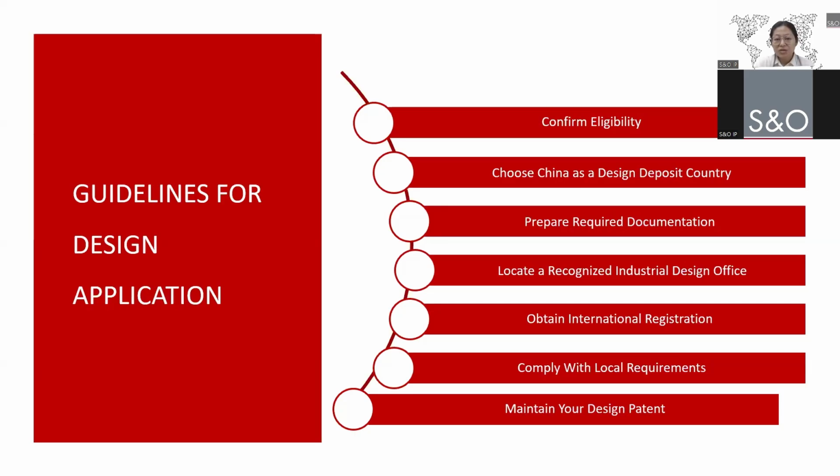Obtain international registrations. Once your application is accepted, an international registration certificate will be issued, indicating the protection of your design in China and other designated countries. Complete local requirements. Although the Hague system simplifies the process, some countries, including China, may have additional requirements.